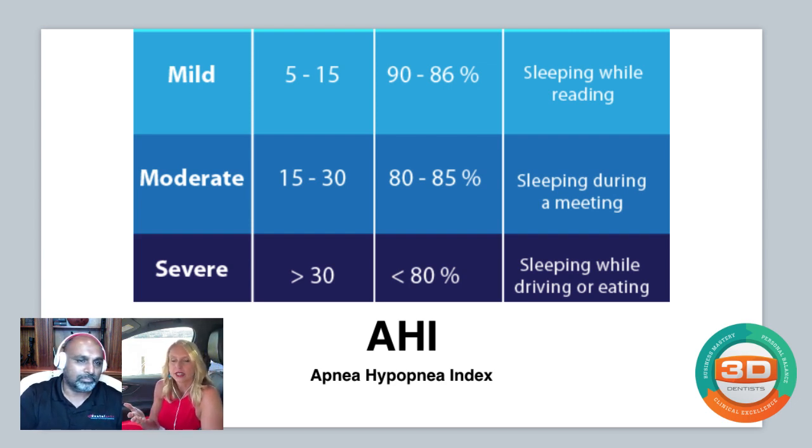So essentially, the sleep test quantifies how many times you stopped breathing completely or partially for 10 seconds or more with a 3 or 4% desaturation, and divides it by the number of hours slept to give us an AHI, or apnea hypopnea index, as you see here. So there's mild, moderate, and severe sleep apnea.